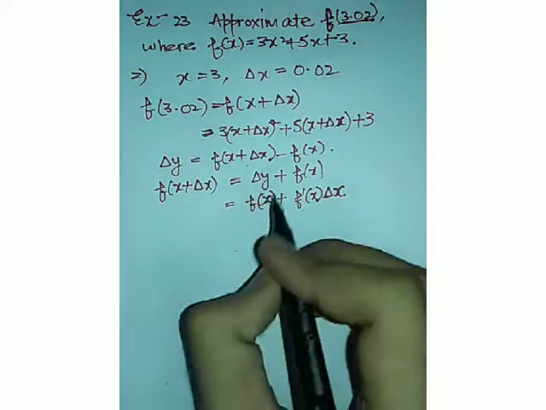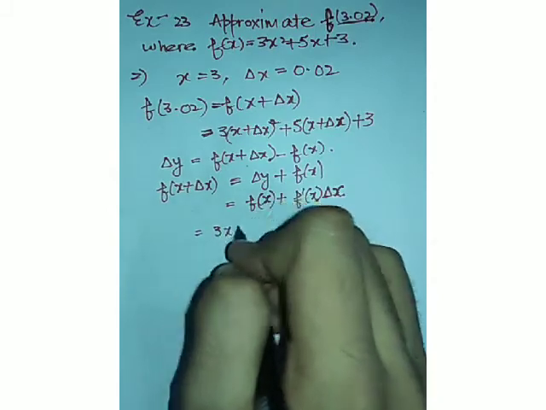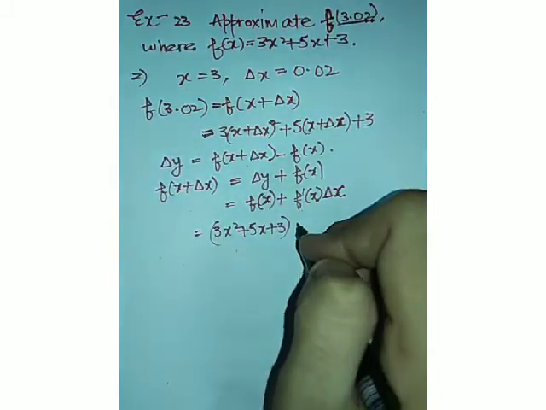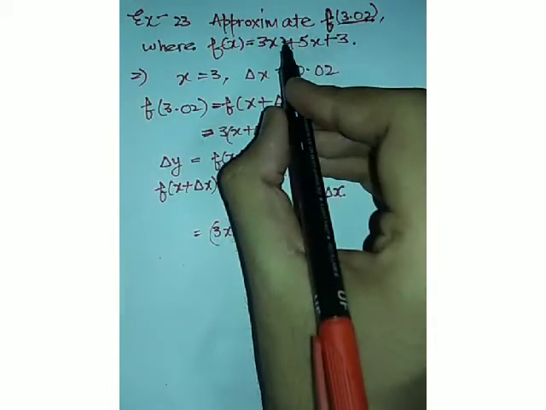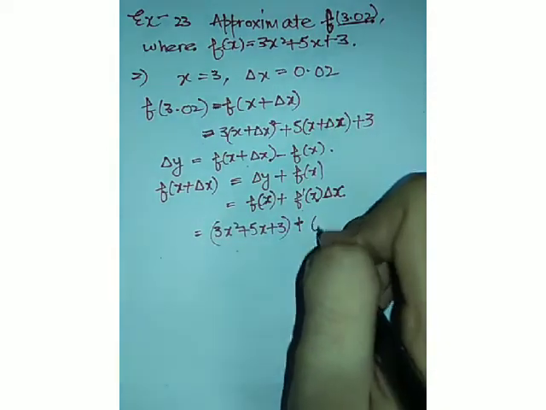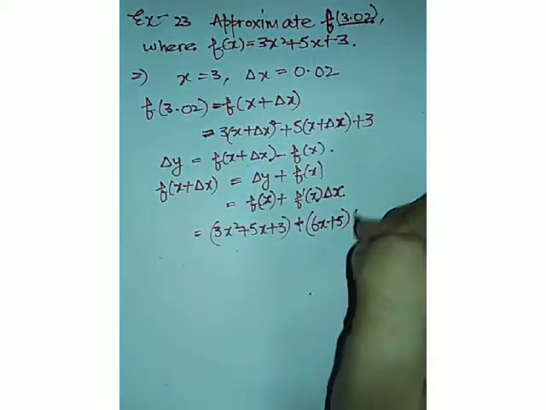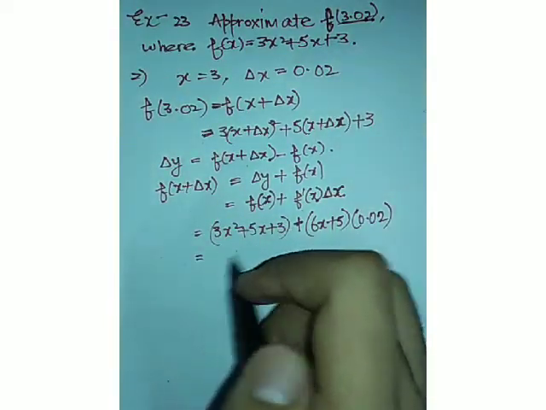So this is what we get. Now what is f of x? f of x is given, that is 3x square plus 5x plus 3, right? And we have to take the differentiation of that. 2 3s are 6x plus 5. 6x plus 5. What is the value of delta x? That is 0.02.